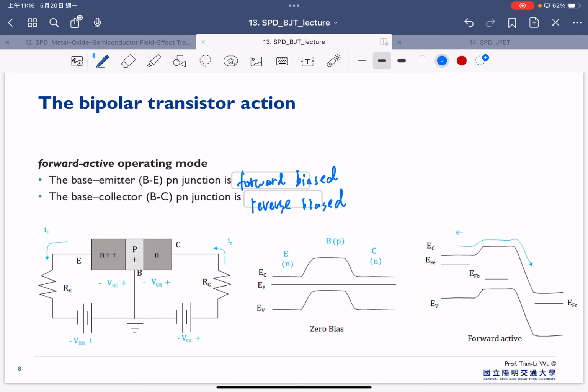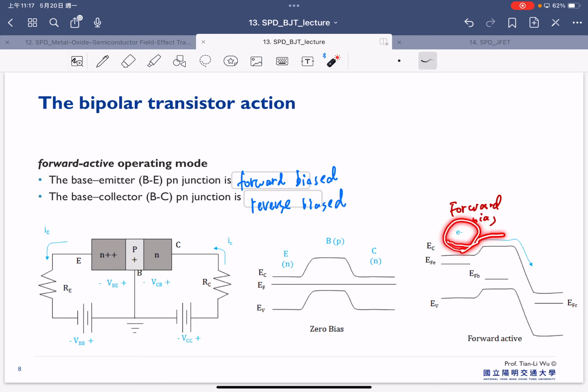Therefore, we can also understand the carrier transport from the band diagram. This is the band diagram under 0 bias. Right now we have forward bias here. Forward bias means that the barrier is reduced.